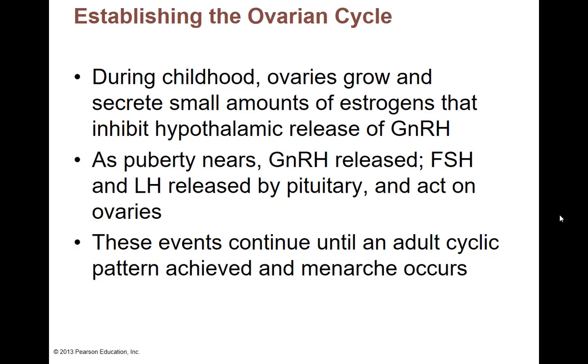It will cause the increase of the follicle-stimulating and luteinizing hormone. And what makes these? Your anterior pituitary. Now it's going to become active and start making your follicle-stimulating hormone and your luteinizing hormone. And these are going to act on the ovaries.